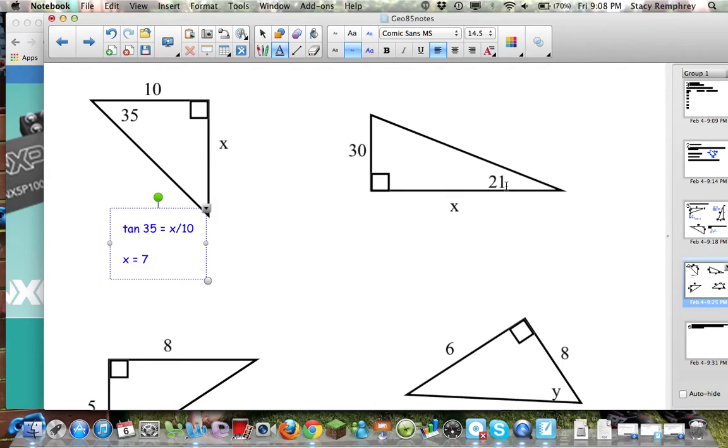In the second one over here, you could use the 21, but I like using the angle opposite the missing side. So I'll find this by just knowing that the angles of a triangle have to equal 180. So I would have tangent of 69 equals x over 30. Multiply both sides by 30, and this will come out to be 78.1.